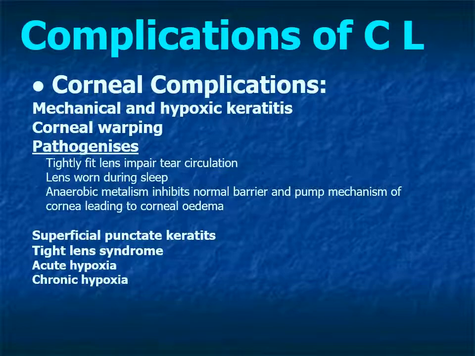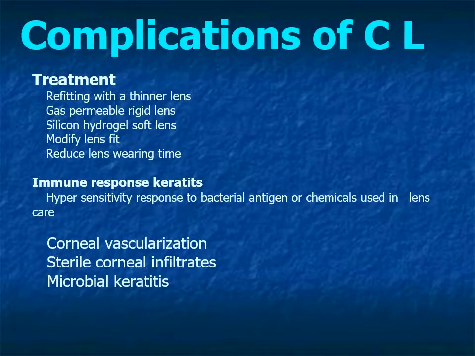Similarly, the tight lens syndrome may cause different complications, and it may cause acute hypoxia or chronic hypoxia. And chronic hypoxia may lead to vascularization of the cornea. So what is the treatment of these complications?